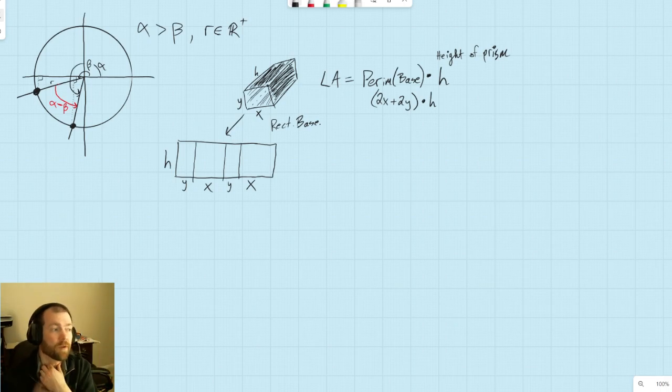And that would be true for all prisms. It doesn't matter what shape you have. What is going to change is what these are all labeled. So these are all going to be x's and y's.